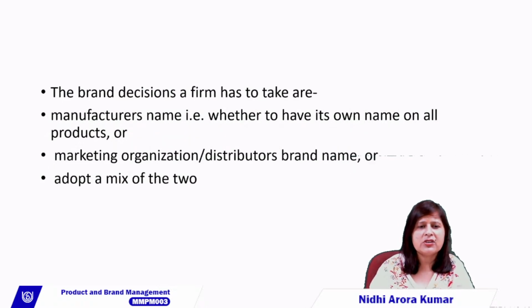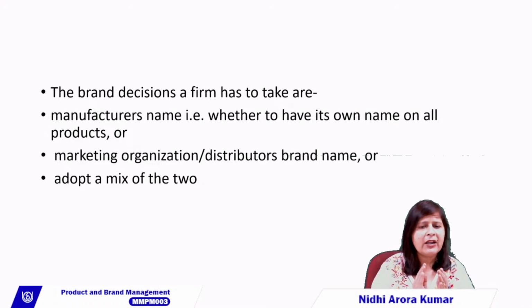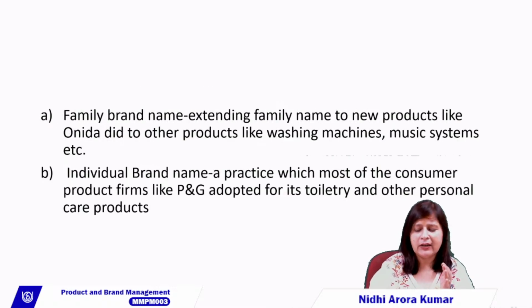The brand decisions a firm has to take are the manufacturer's name or the marketing organization's name, or adopt a mix of the two. So while taking a brand decision, a firm can do it in three ways. You can develop a brand on the name of the manufacturer, or on the basis of the distributor's brand or the marketing organization brand, or you can adopt a strategy between the two, right?